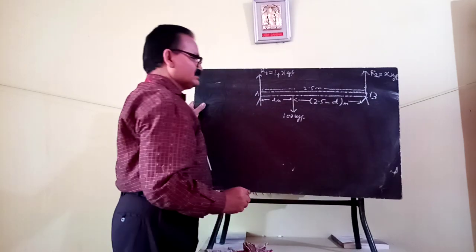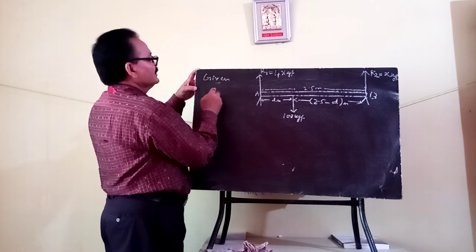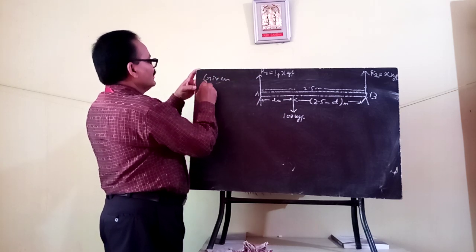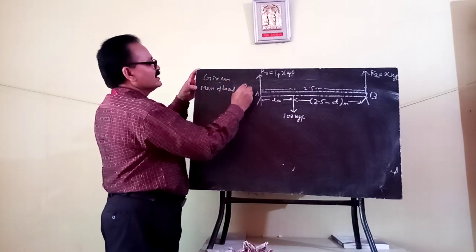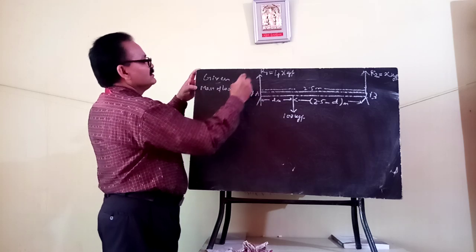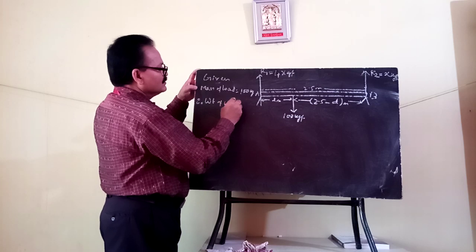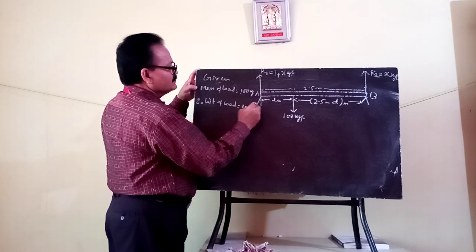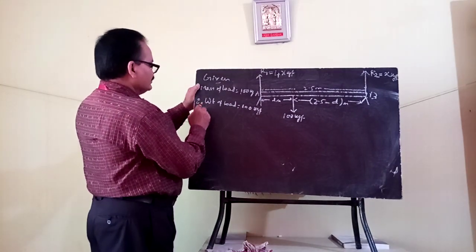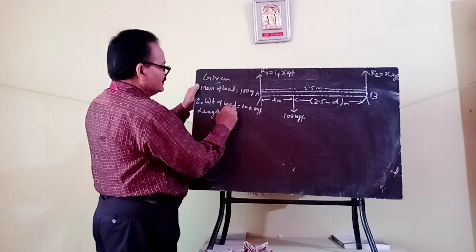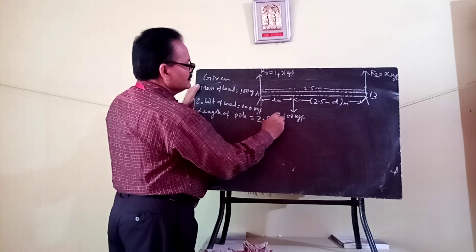Okay, now I should write the given part. Given: mass of load is 100 kg, therefore weight of load is 100 kgf. Length of pole is 2.5 meter.